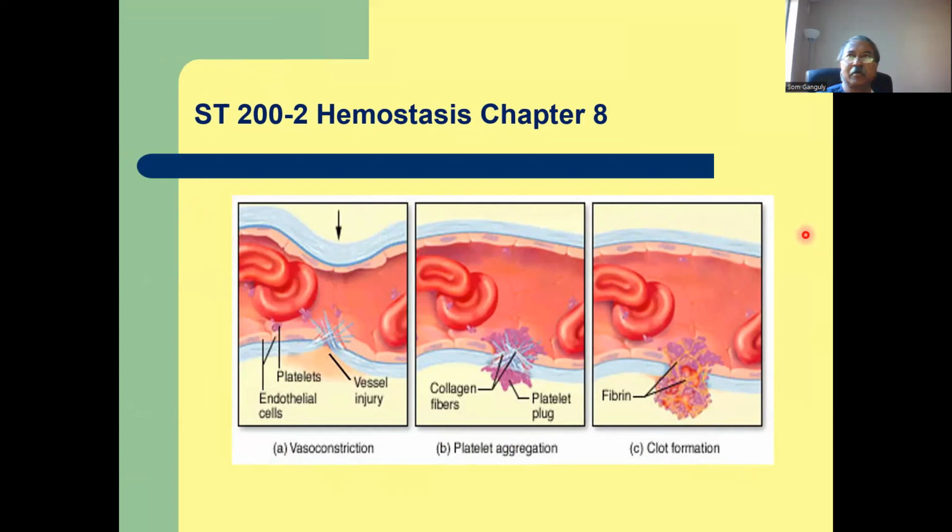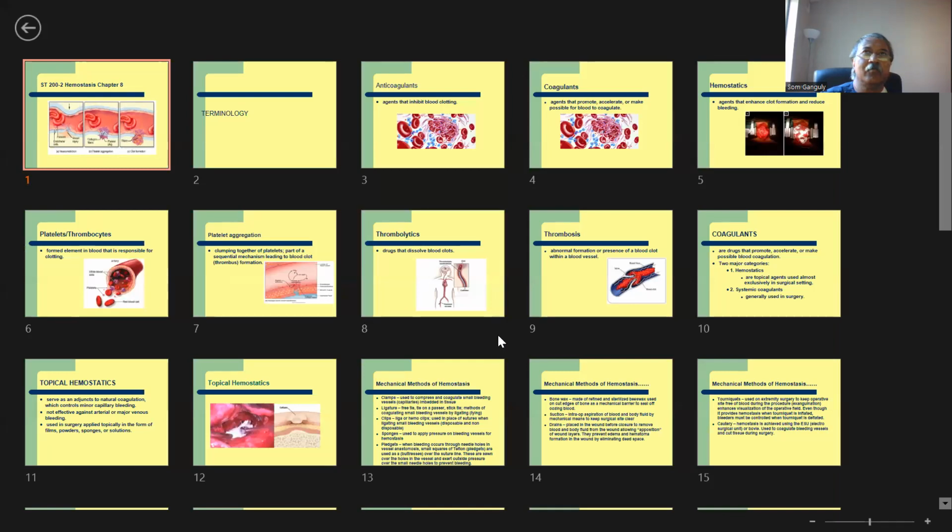Otherwise, the surgeon will lose the exposure. And at the same time, we're seeing that we need both anticoagulants and coagulants for our surgery.